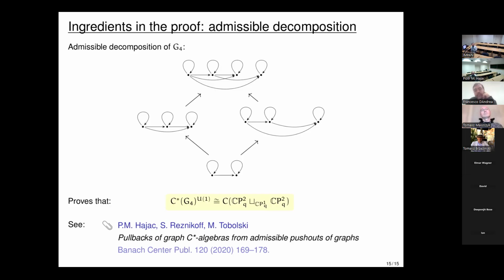So if you want gluing or if you want fixed points, which is one and the same thing, it is a graph C-star algebra, and you know how to draw the graph because there's a push-out graph.